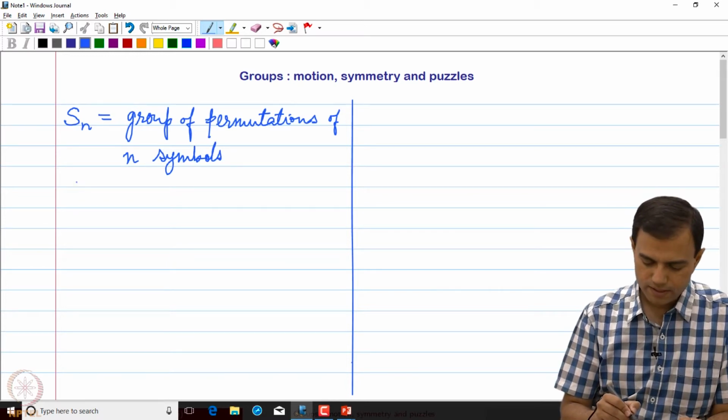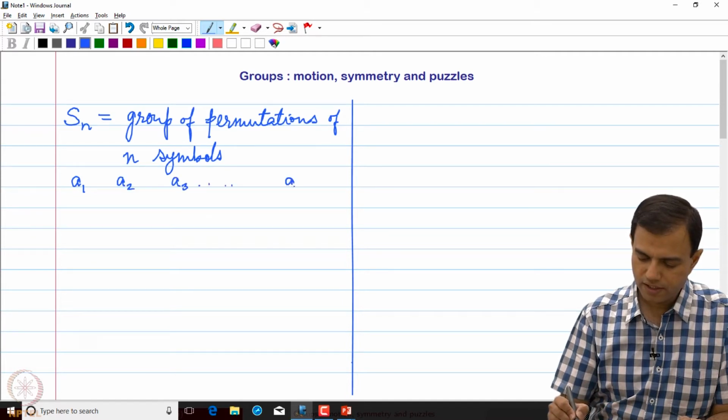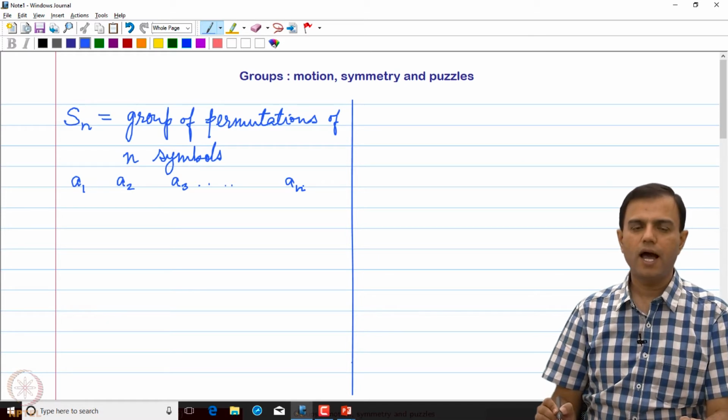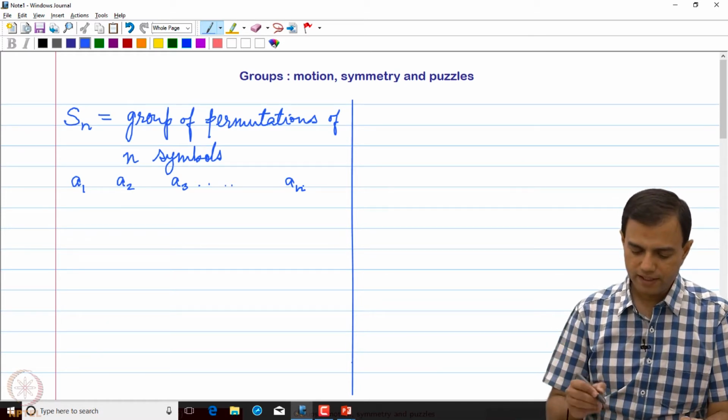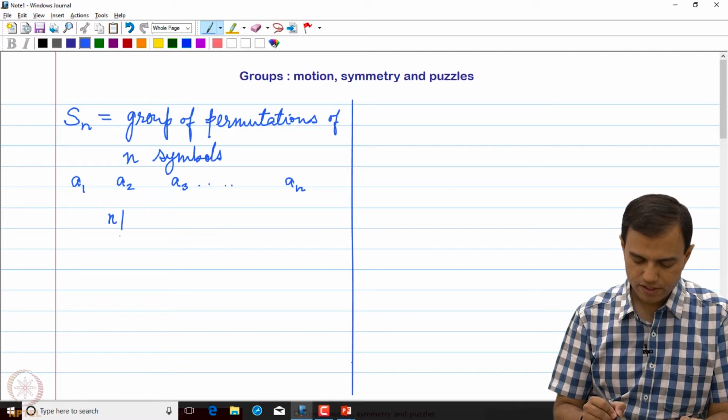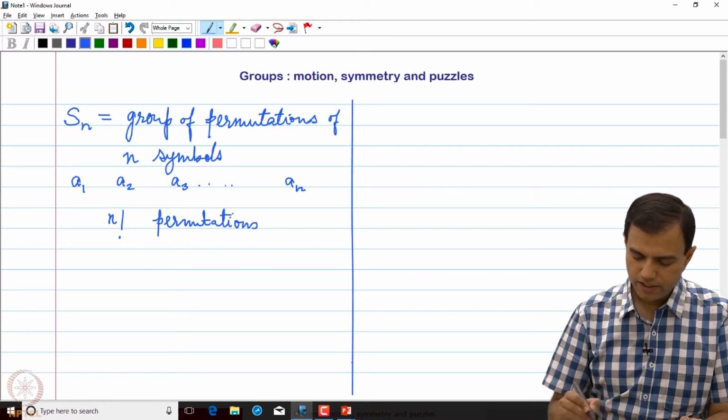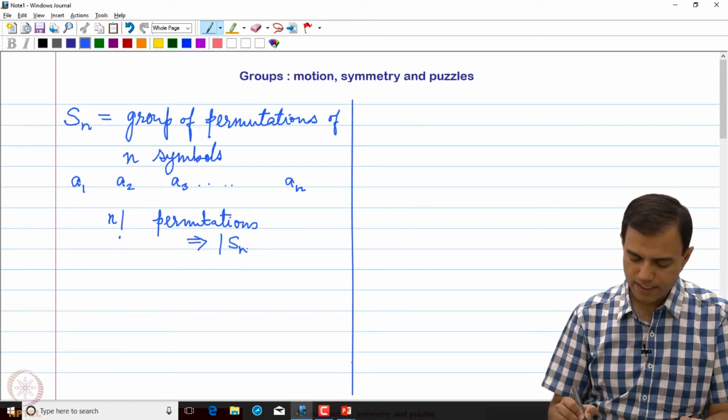So I have symbols say A1, A2, A3, up to An. I am permuting them, and then there are n factorial ways. So there are a total of n factorial permutations. Therefore, the size of the group Sn is n factorial.